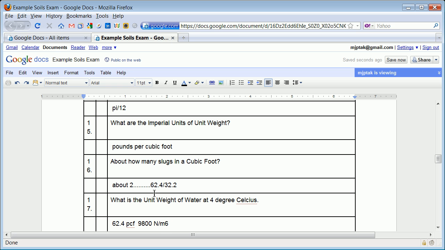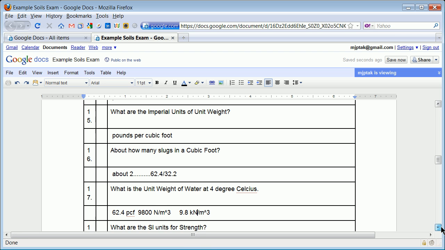You also want it to be recognized as 9.8 kilonewtons per cubic meter. We'll kind of let that go. It should be capital N. So hopefully this will save out.